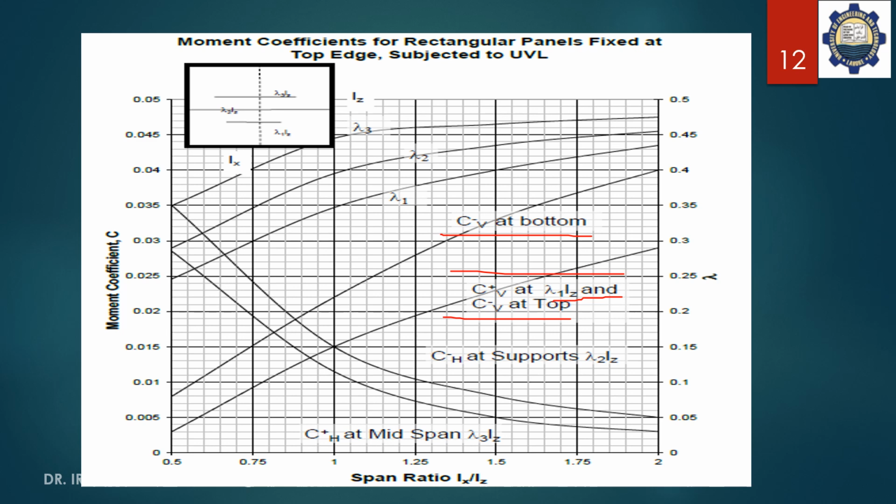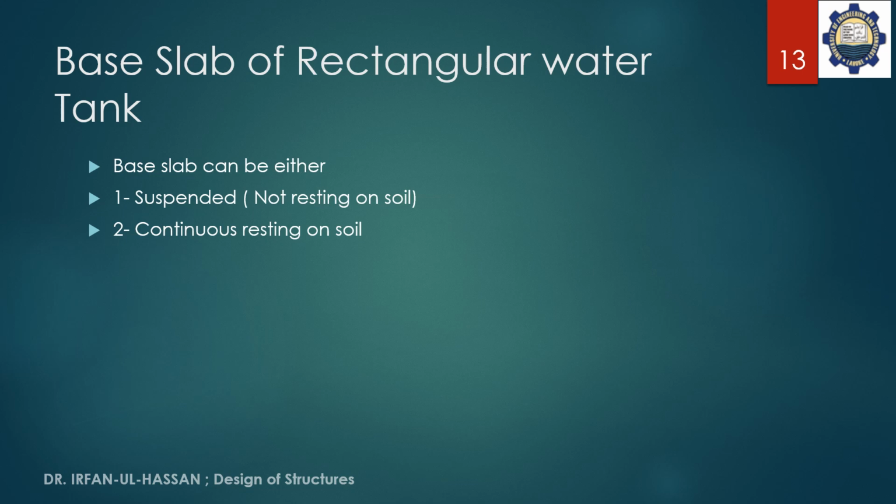We have discussed the one-way wall and the two-way wall, and finally you are able to decide the design of steel.